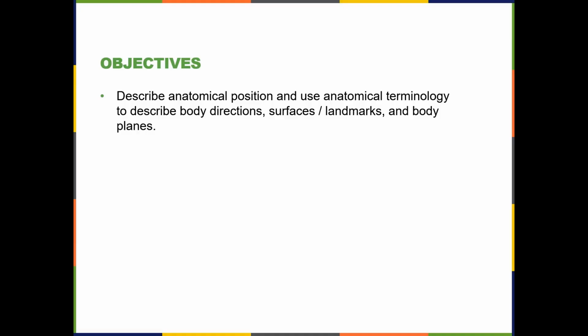In this video, you'll learn major anatomical terminology used to describe the body, including a coordinate system of direction, terms used for surface landmarks, and terminology for sectional planes of the body.